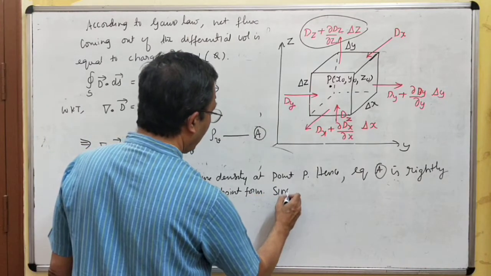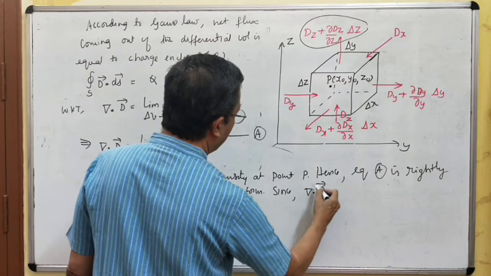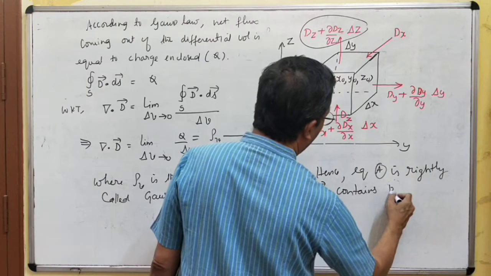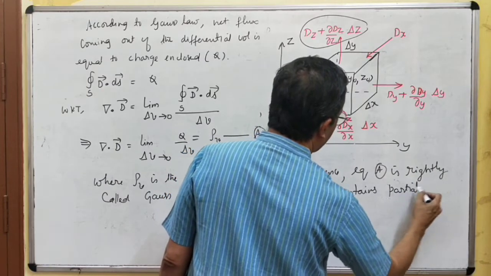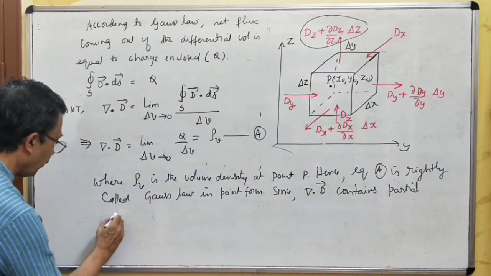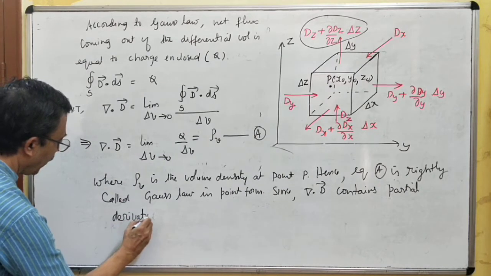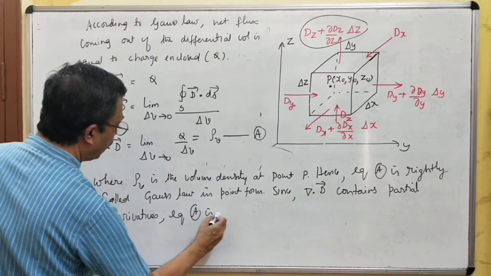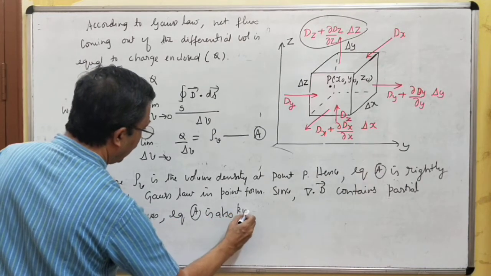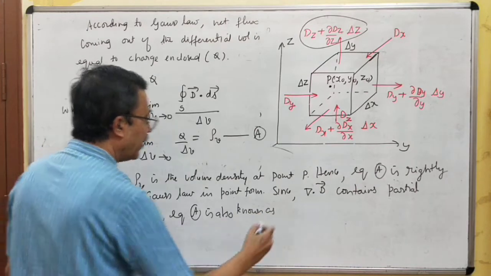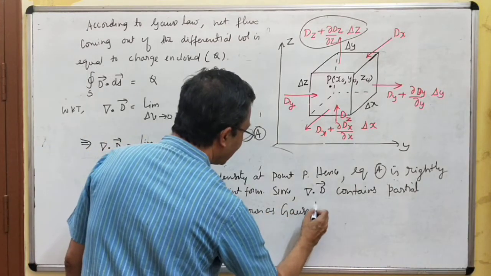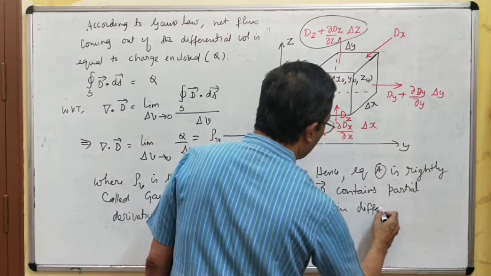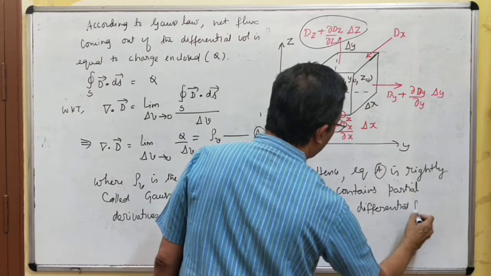Since divergence of vector D contains partial derivatives, equation A is also known as Gauss law in differential form.